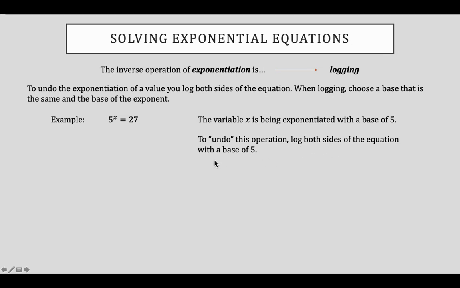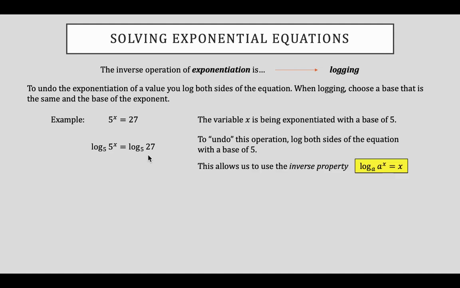In other words, we take log base 5 of the left-hand side, and algebra says that if we do something to the left-hand side of the equation, we must also do it to the right-hand side. So log base 5 of 5 raised to the x is equal to log base 5 of 27.